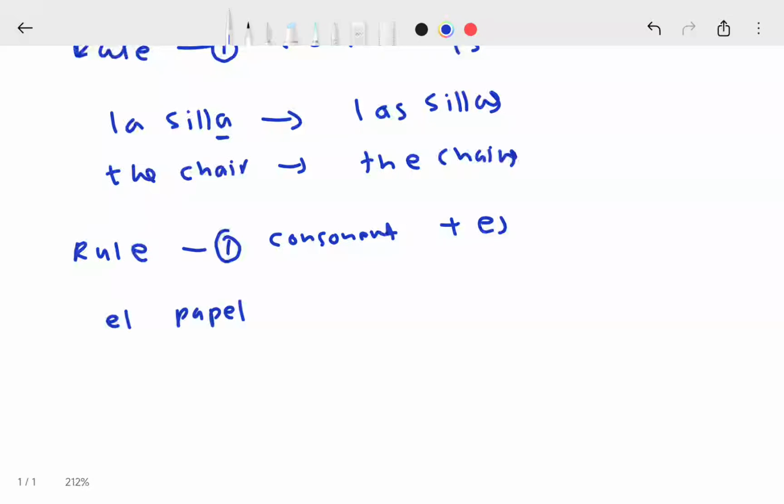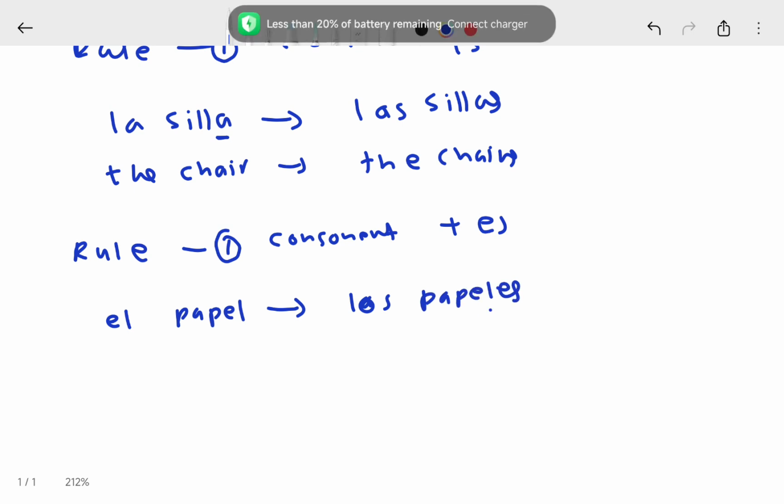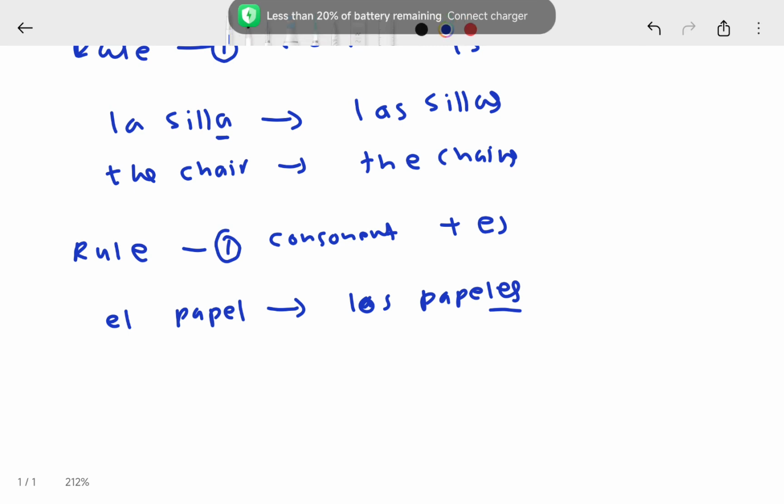El papel means the paper. So if you want to convert it into the plural, we can add es at the end of the word. Here, los papeles. As we have added es at the end of the word, it converted into the plural.